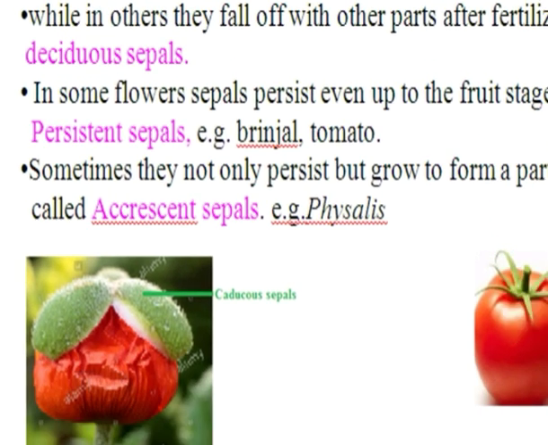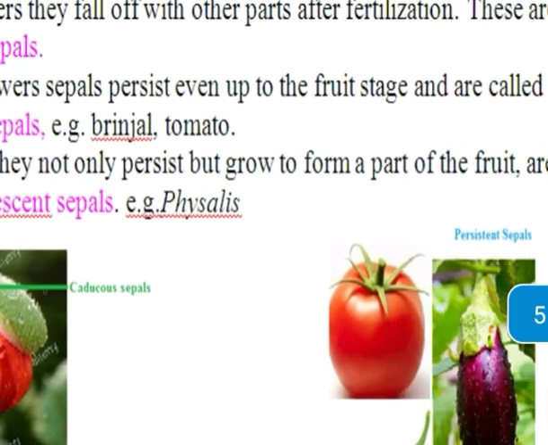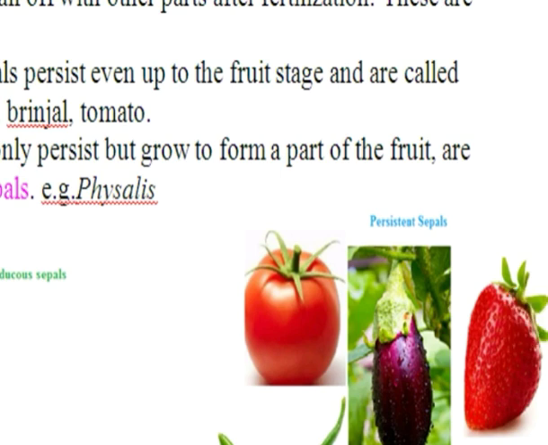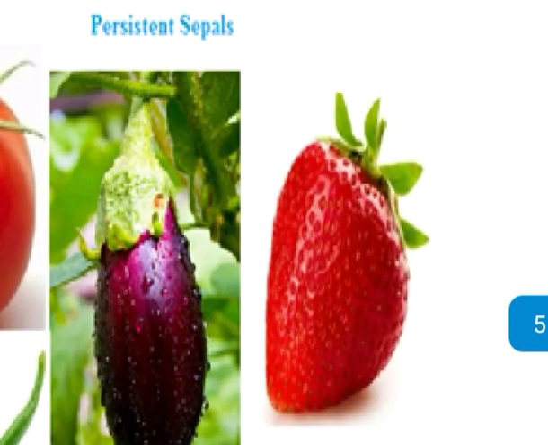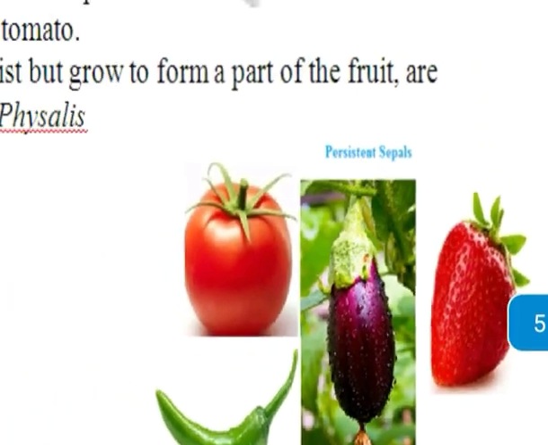In some flowers, sepals persist even up to the fruit stage and they are called persistent sepals. Look at the figure. After the formation of the fruits, sepals remain as they are and they are called persistent.